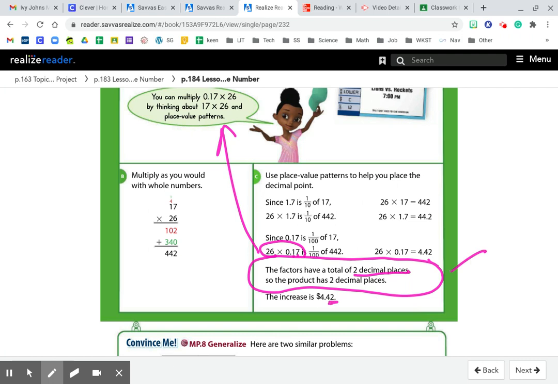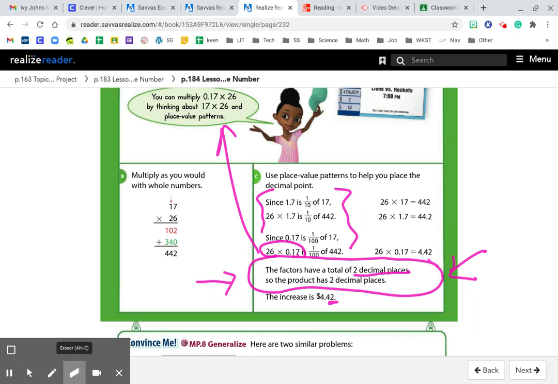So that is really what you want to remember. This is why that little trick works, but this is what you want to remember: count the number of digits that are sitting in decimal place value in the factors, and that's how many digits will be sitting in decimal place value in the product.